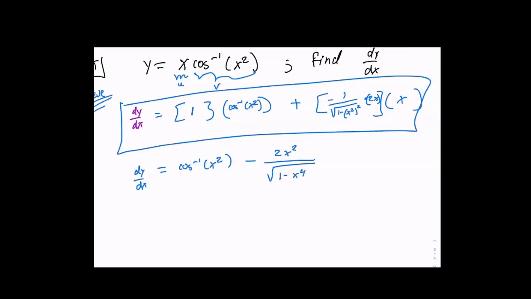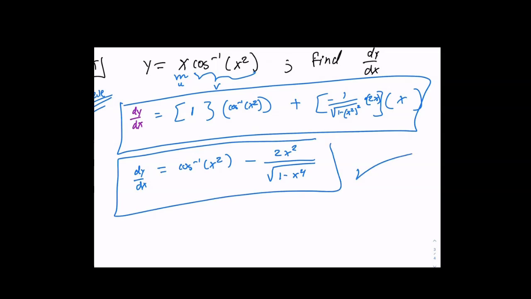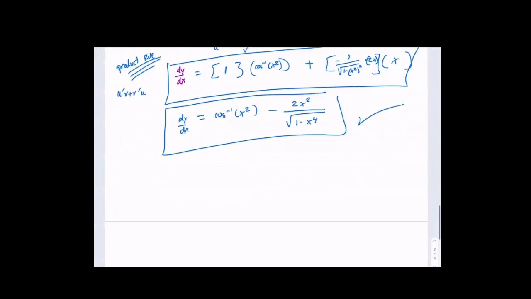Yep, that's it. As clean as we would want to go for our class, and that is the derivative. So it's product rule. It's about making sure that you're doing it correctly, taking each part step by step. That's basically as much as I need to cover for you. Anything else? Well, I can actually do one last example.